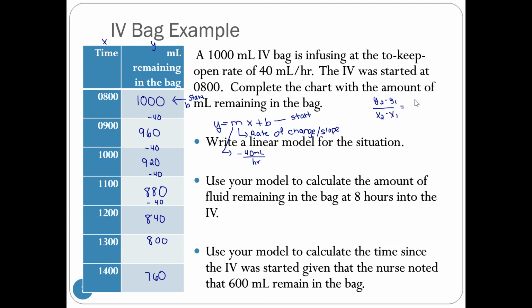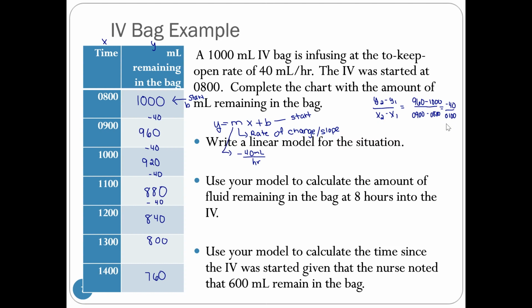So if I subtract, I have 960 minus 1,000, and looking at my times, I have 0900 minus 0800. Subtracting the y values on the top gives me negative 40, which we have as our slope. But subtracting the times gives me 100.